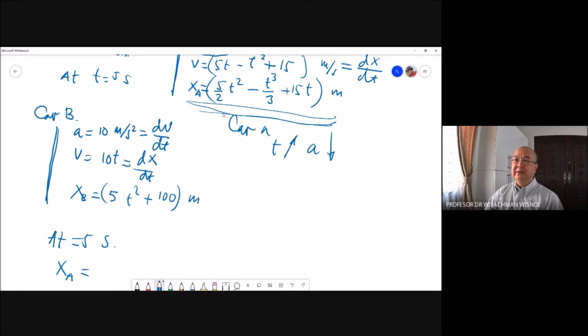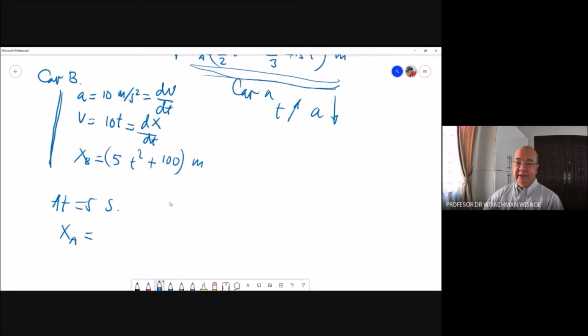XA equals 5 over 2 t squared minus t cubed over 3 plus 15t. You replace t with 5, you are going to have 15 meters per second. Velocity VA, 15 meters per second. And VB is 50 meters per second.